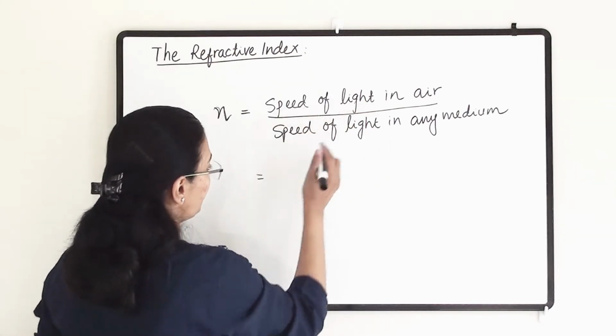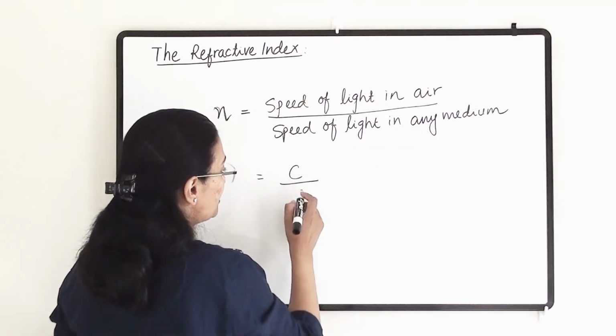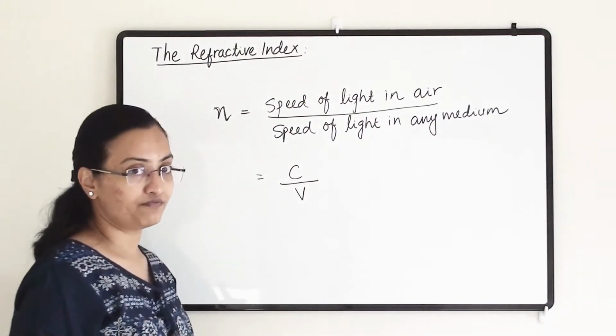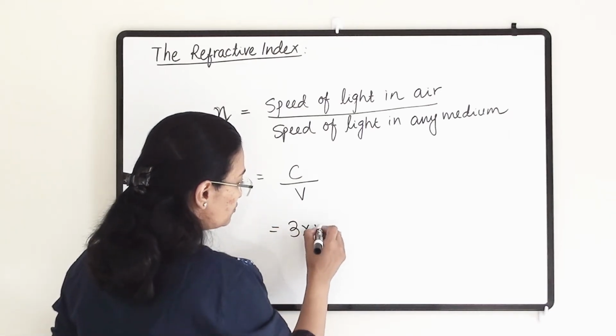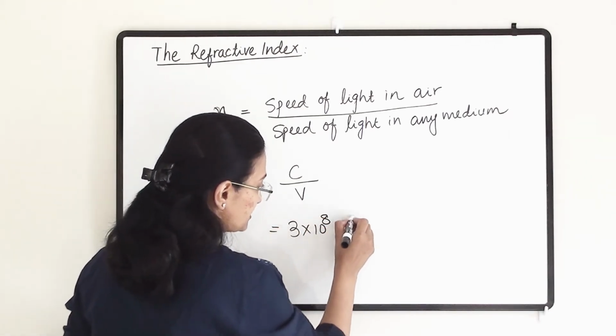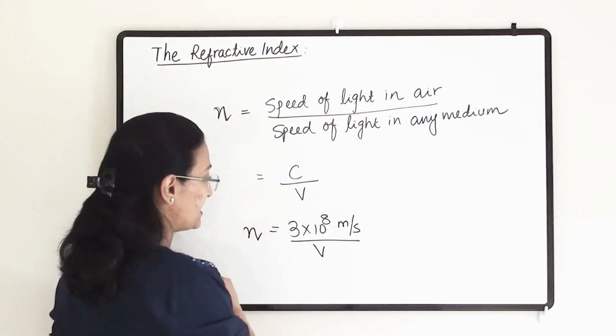Here the speed of light in air is c, whereas the speed of light in any medium we consider as v. We know that the speed of light in air is 3 into 10 raised to 8 meters per second, divided by v gives the refractive index.